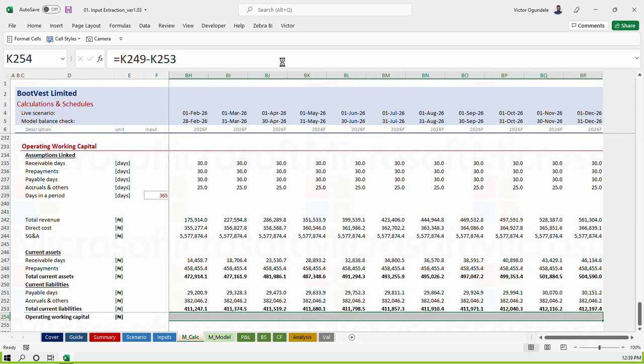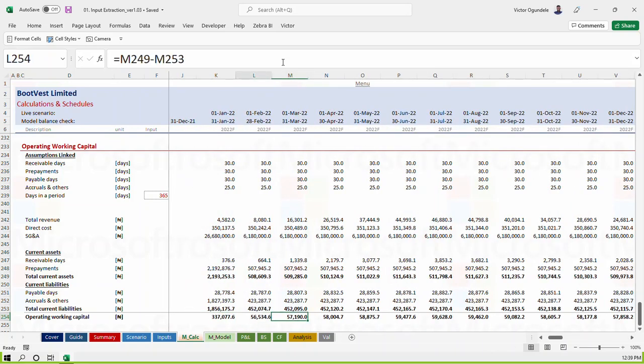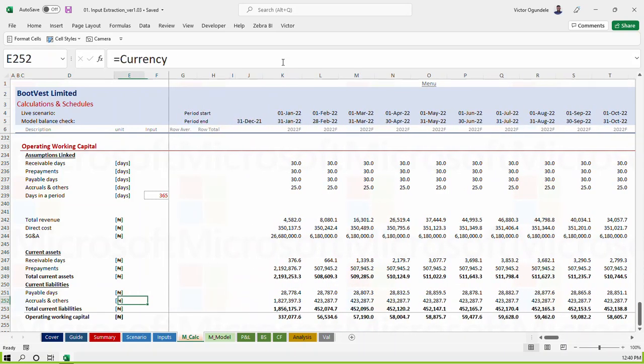Then we have this, right? I don't think that should be payable days. It should be payables and also receivables. Okay, so let me change them. Receivables, prepayments, payables. Okay, thank you for that.